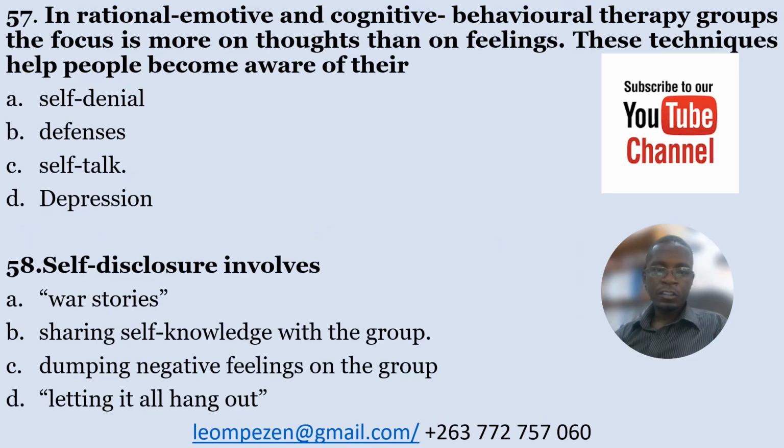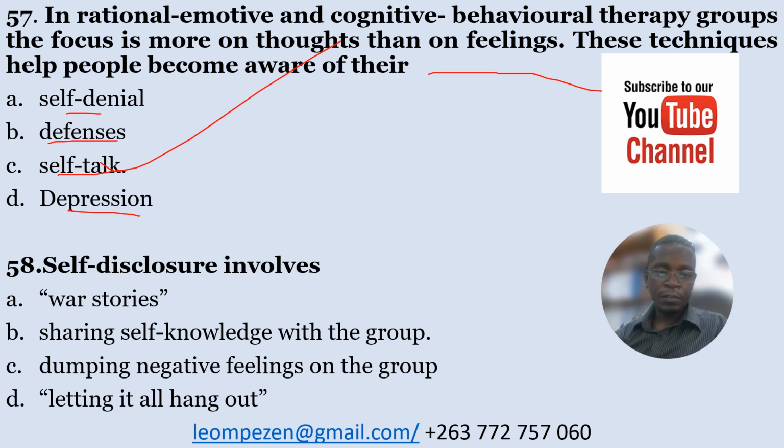In rational emotive and cognitive behavioral therapy groups, the focus is more on thoughts than feelings. These techniques help people become aware of their dash. A, self-denial, B, defensive, C, self-talk, D, depression. The correct answer is self-talk. 58.